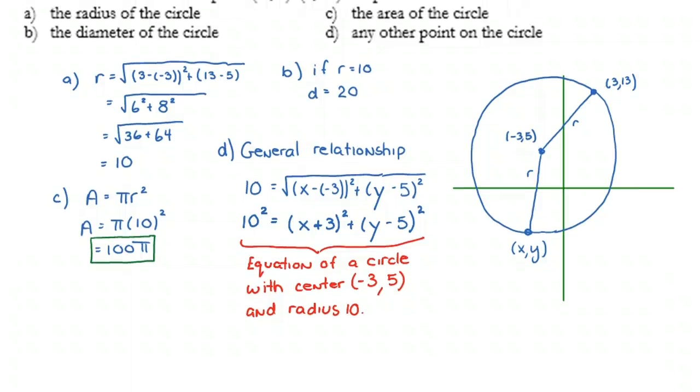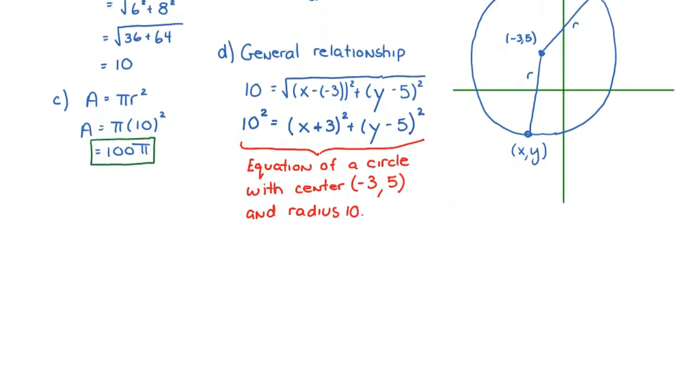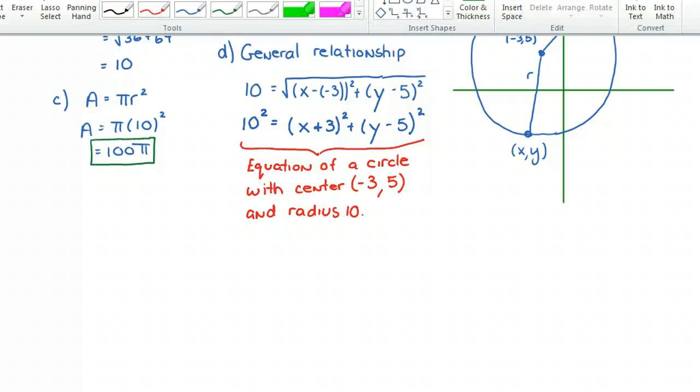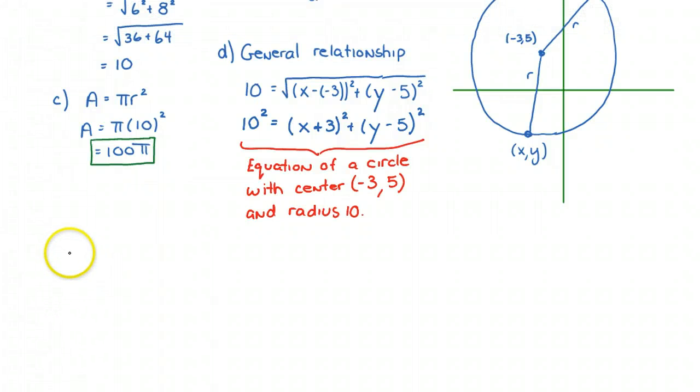And it turns out we can extend this to get the general case. So let's do a new type of question here. So the general relationship for a circle is this. r squared is equal to x minus a squared plus y minus b squared.